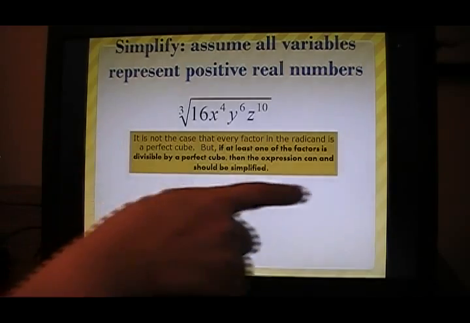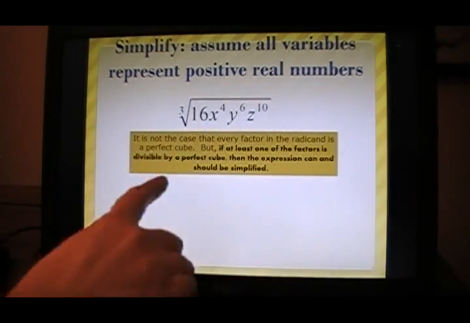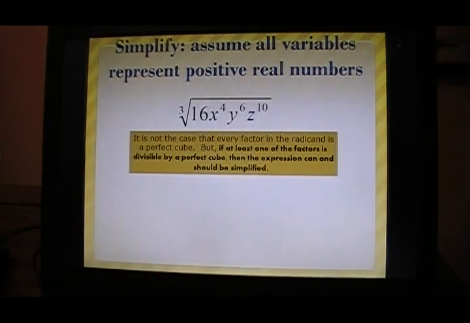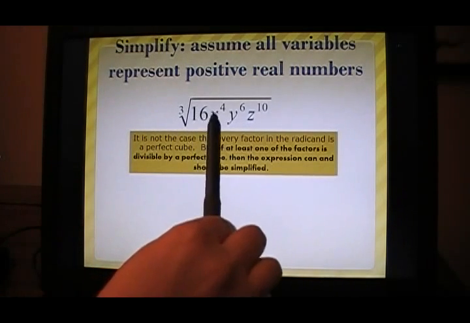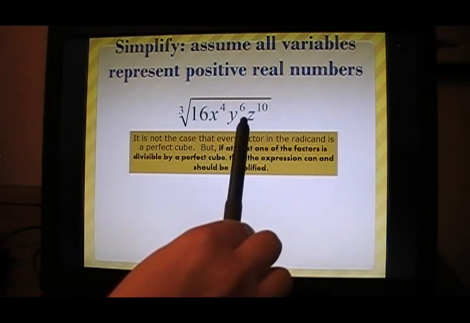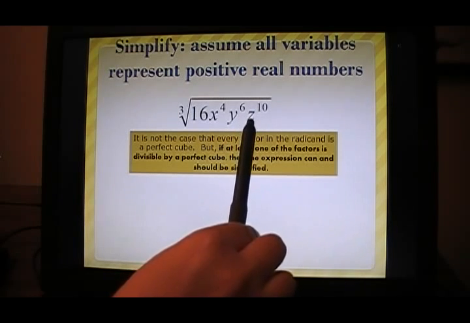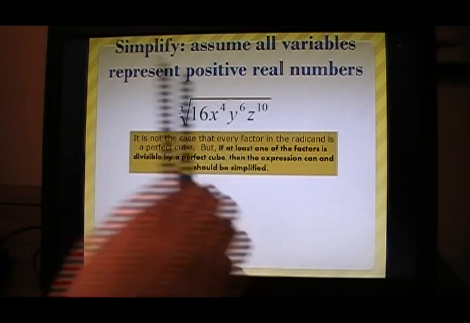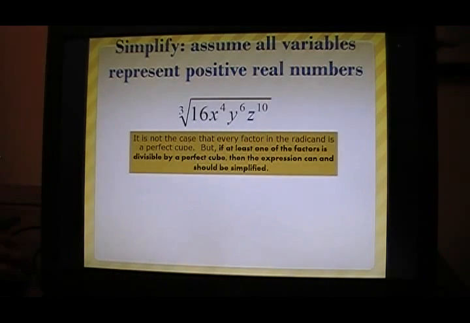So this is your overall rule: it can be simplified if this is the case. Okay? If at least one of these is divisible by a perfect cube, we will be able to simplify even if it is not the case that every factor is a perfect cube.